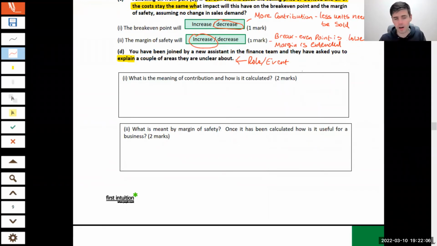Quality and quantity are very different things. You can write a short novel on contribution if you want, or you can just say, this is what contribution is, this is how I calculate it, and you've picked up 2 marks. It's about, again, being efficient with your time. You can break this down into 2 areas. So first of all, what we obviously need is we need to explain, don't we?